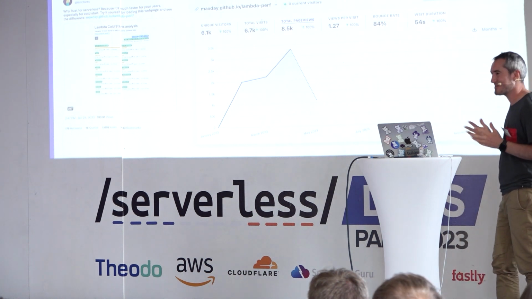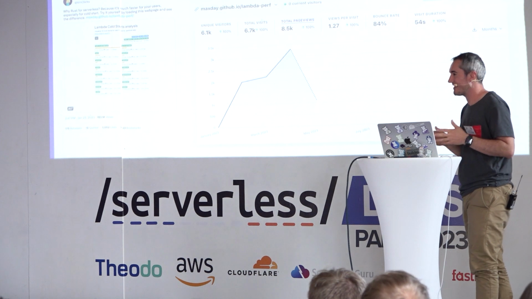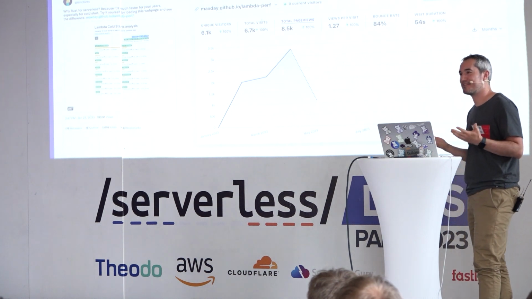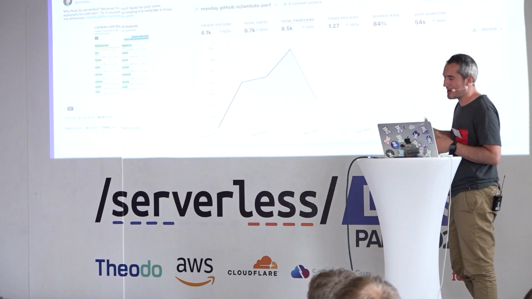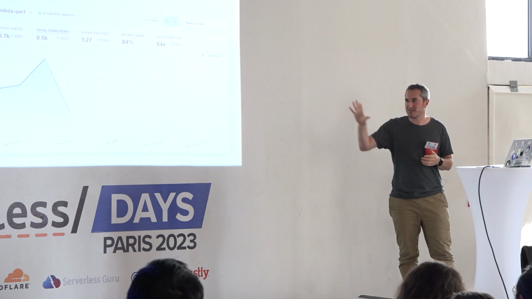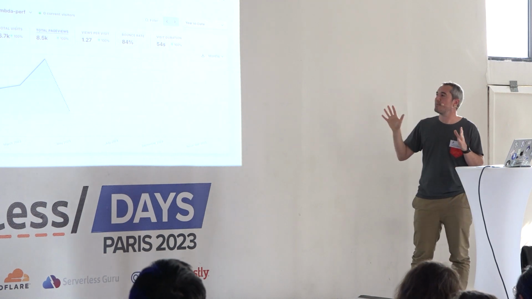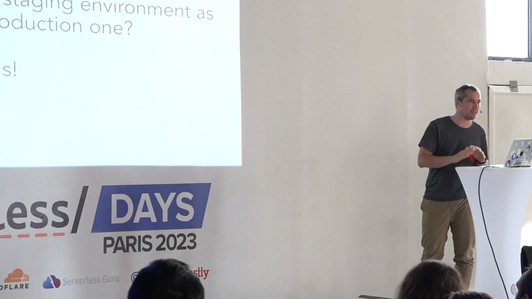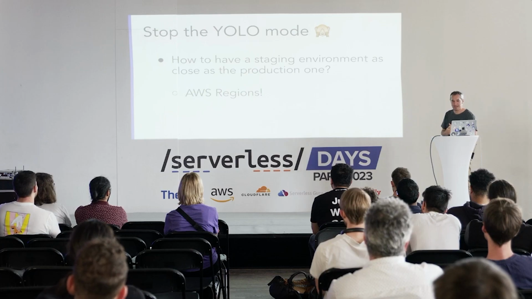So I was like, okay, it's not a side project anymore. On my own, people are actually using it. So maybe I need some kind of test. I can't just release a new runtime and hope everything looks fine. As you see, the infra is pretty simple, but a lot could go wrong. So let's maybe stop the YOLO mode.